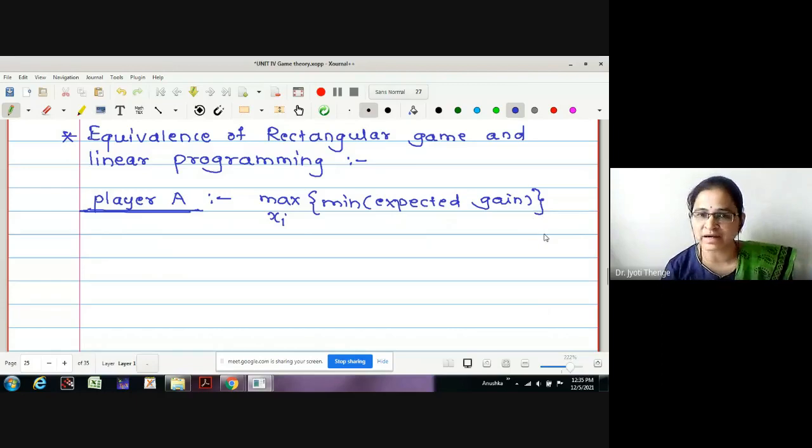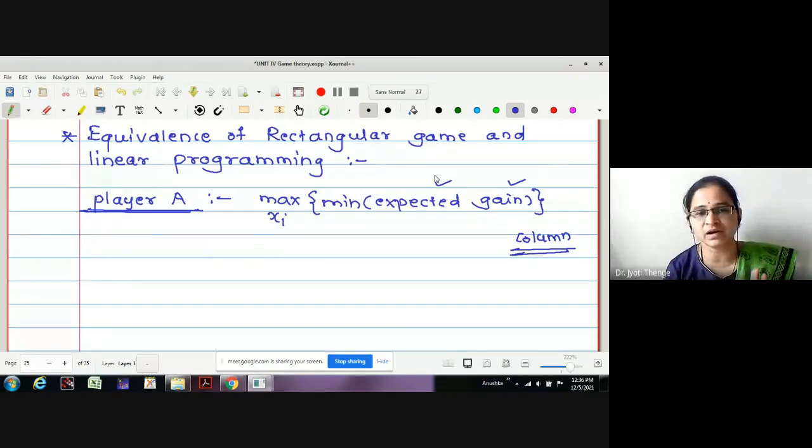Which part of the matrix are we using? Here we use columns to find these expected gains. Is that okay? You have to remember. Similarly, for player B, this is the minmax of expected losses, and we use rows to find those expected losses. Therefore, don't get confused with both players simultaneously.